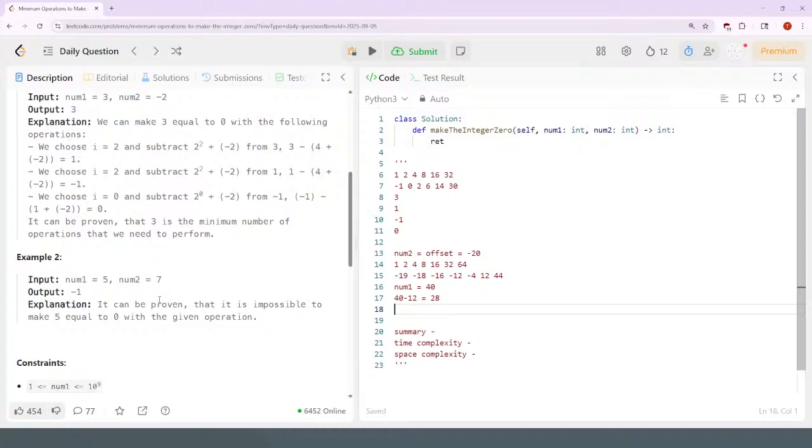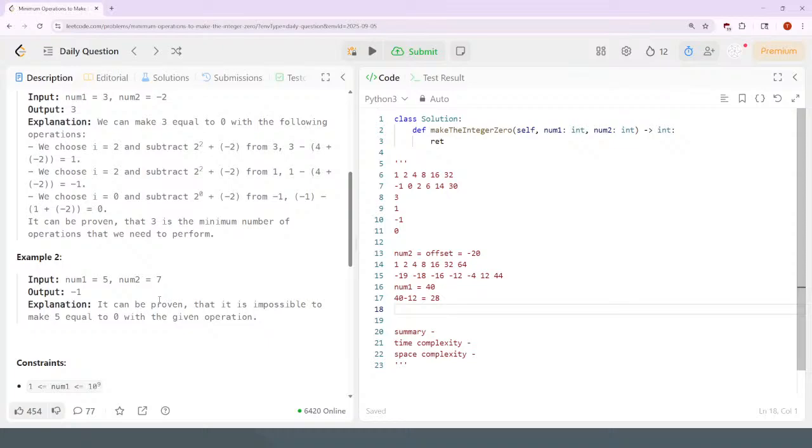So if you have a starting number, is it somehow related to the first time you see a power of 2 within the sequence of numbers where each number is increased or decreased by the offset, num2?